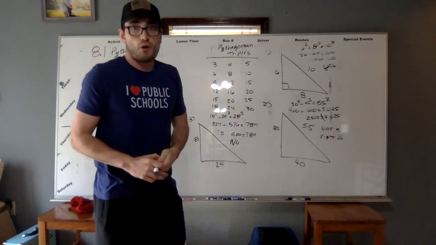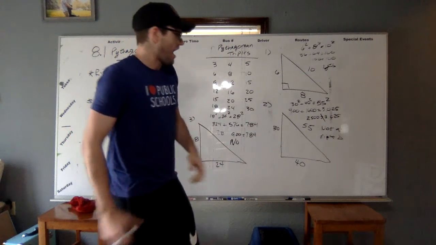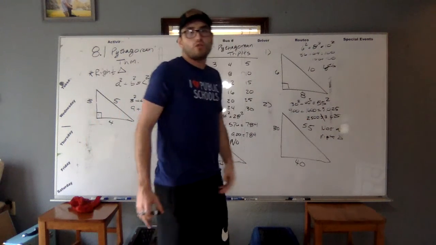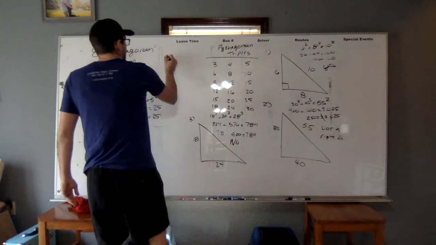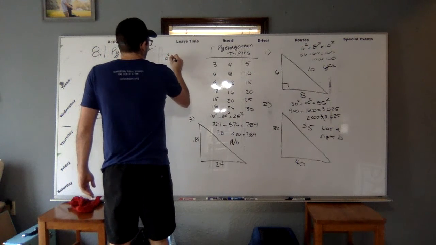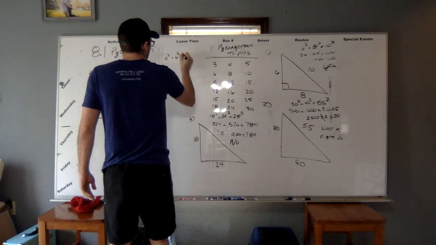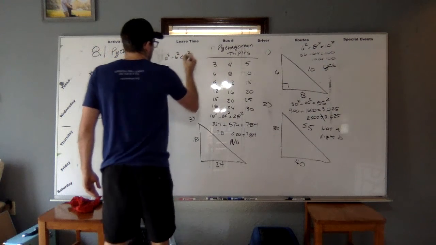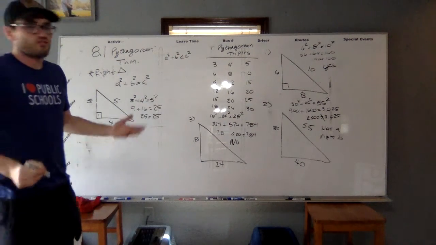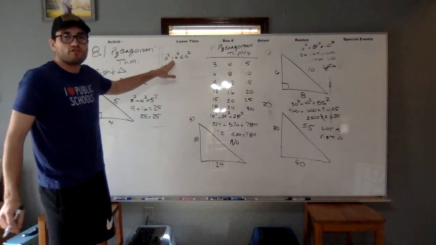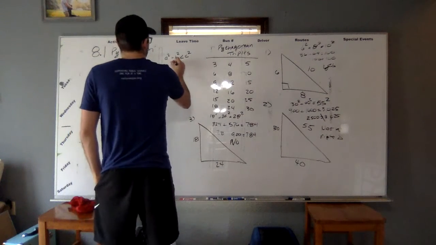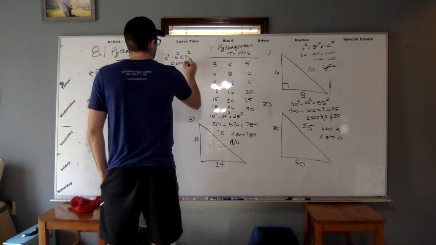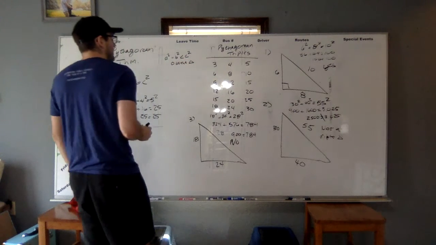Okay? Here's the new part. If I get it and they're not equal, there's actually something I know. Okay, and here's how it's written out. It says if a squared plus b squared is less than c squared, that means if I add these up and I find that the number on the left is smaller than the number on the right, then this is an obtuse triangle.